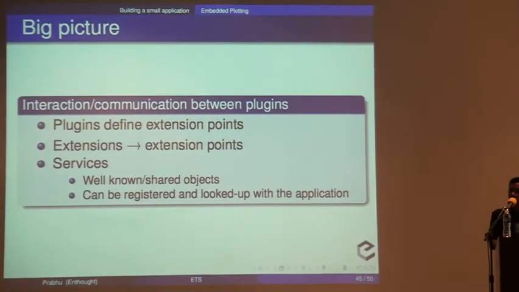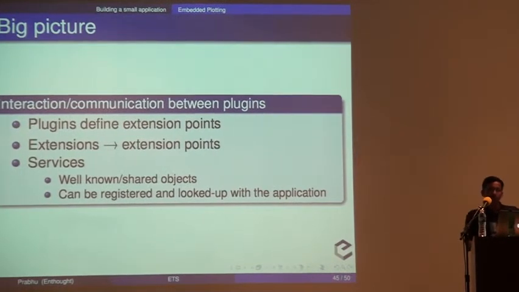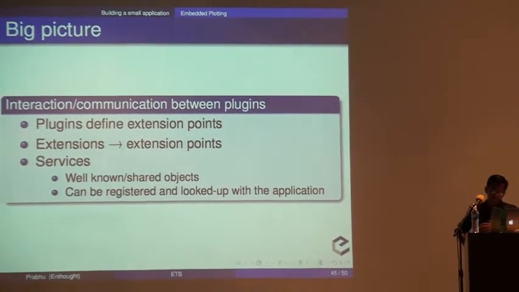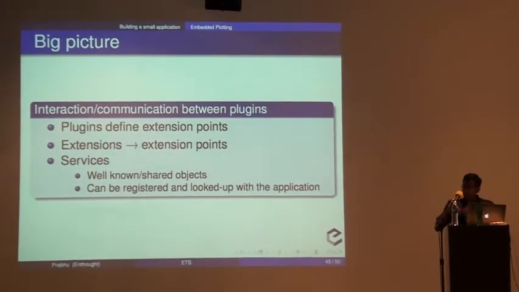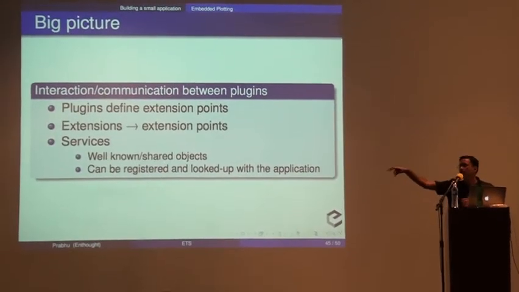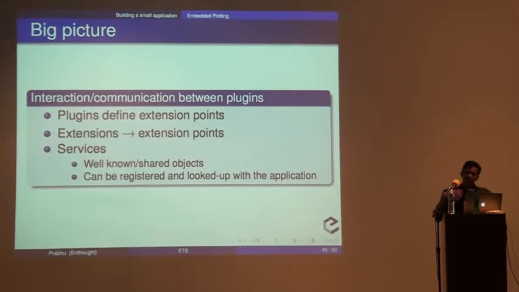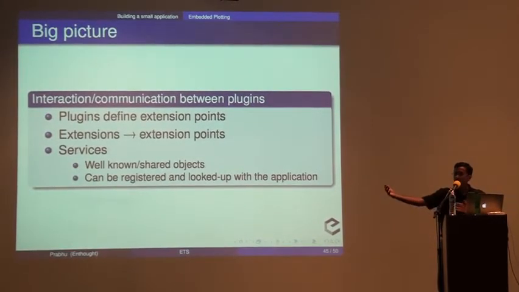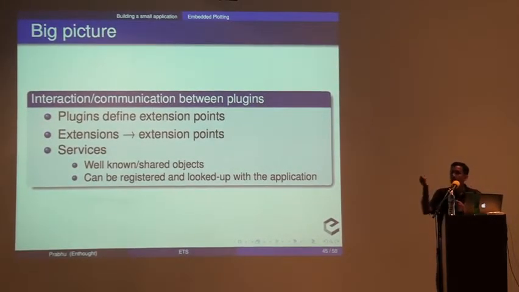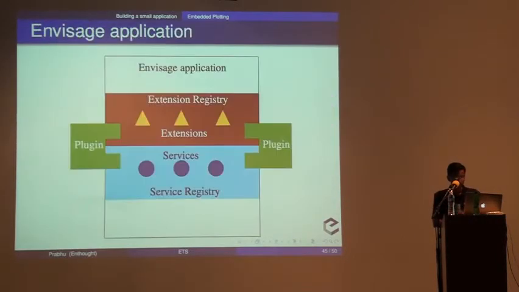So each plugin, as I said, defines extension points, and extensions will be contributed into these extension points. If I have a message of the day application, we have a message of the day plugin which defines an extension point called messages, and other plugins will contribute to this. So basically it looks something like this. You have a message application, and it has an extension registry.